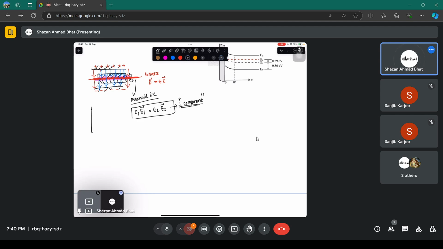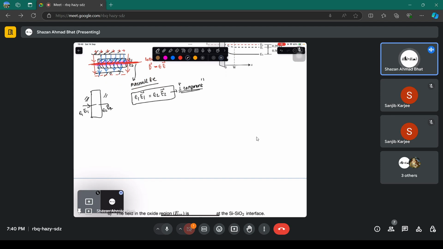That means the normal component of electric field multiplied by the permittivity on this side should be equivalent to the normal component of electric field on the other side times the permittivity. This is Maxwell's boundary condition. It represents the continuity of the electric displacement vector. You cannot break the electric displacement vector all of a sudden, okay, at the interface. There has to be continuity of the perpendicular component of these electric fields.